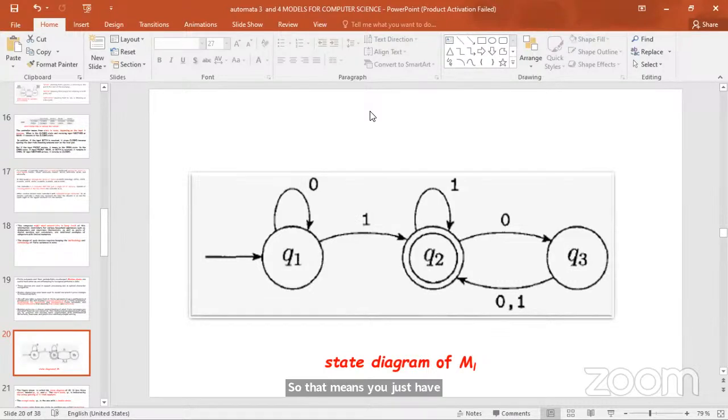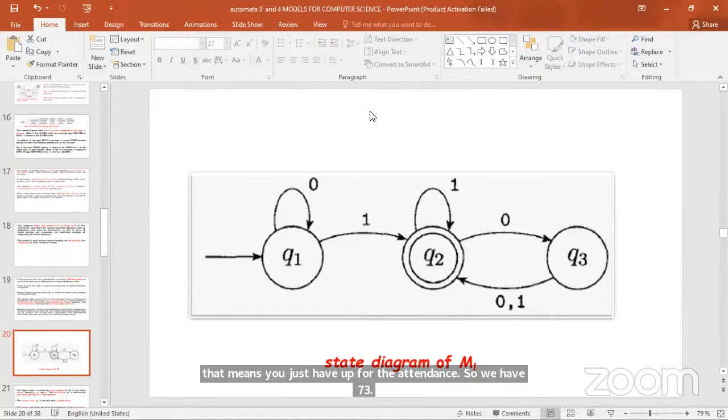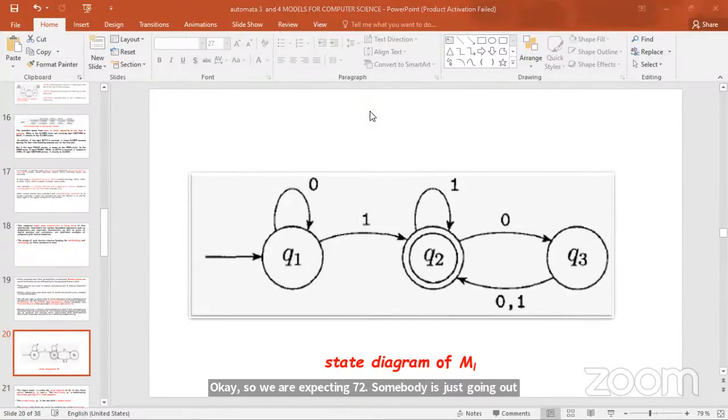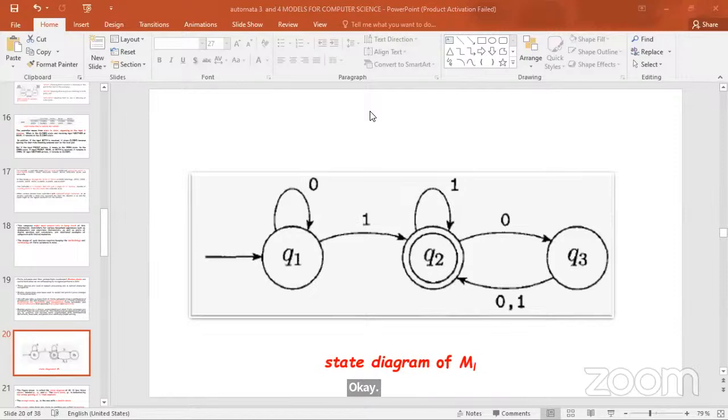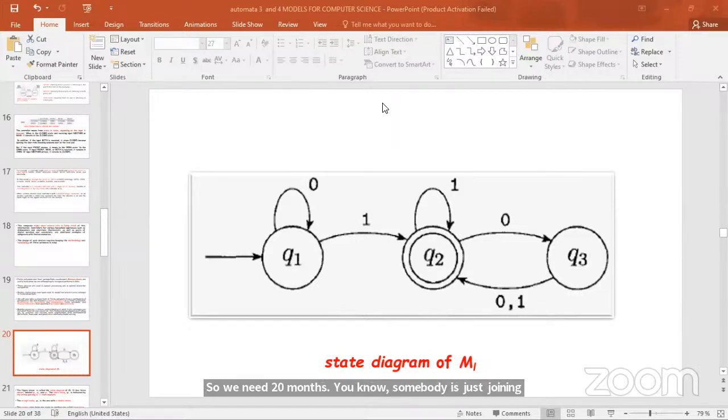So we have 73, so we're expecting 72. Somebody is just going out and coming in at his own time. Okay. So we need 20 more names. Now somebody is just joining again, making 74. Don't worry, I'll put all of you in the waiting room now, so you're not going to join.